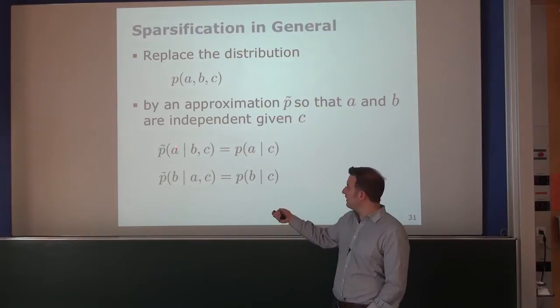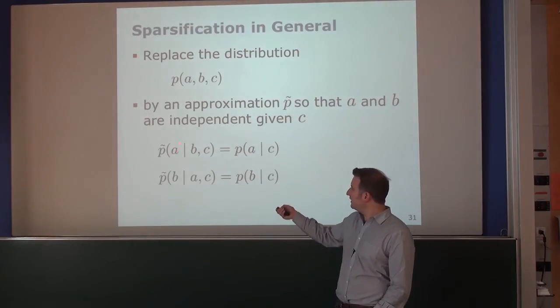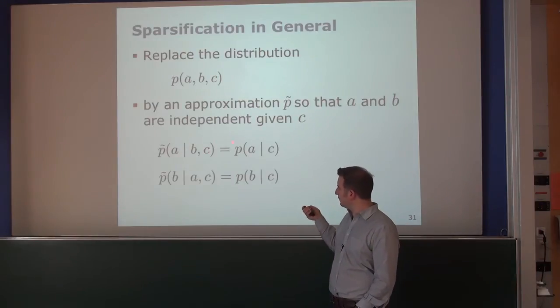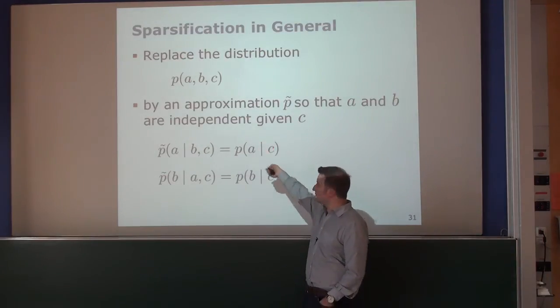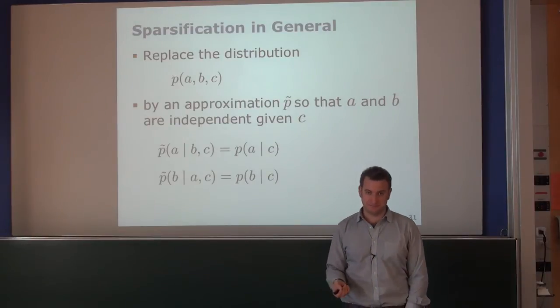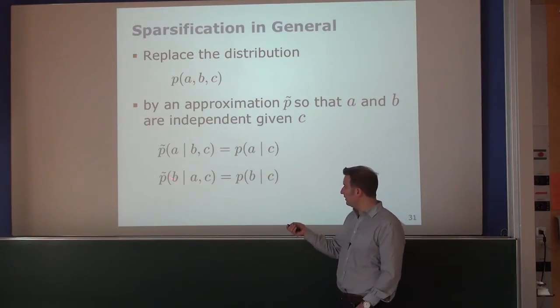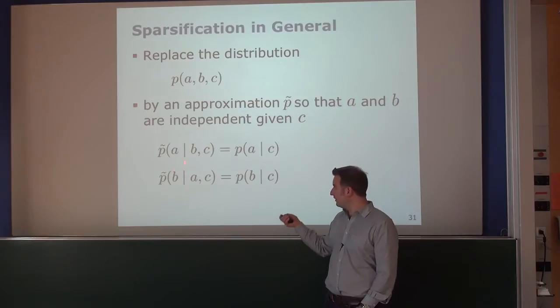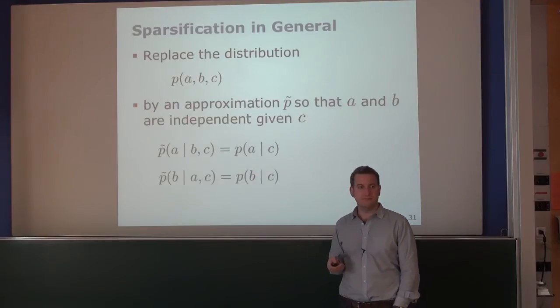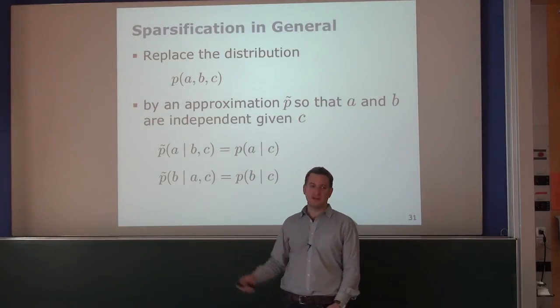In this case, that A is independent from B given C. So P of A given B and C is the same as P of A given C. Knowing B doesn't contribute anything to A, given that we know C. And the same down here: P of B given A and C is P of B given C. So this is the approximation that I introduce.